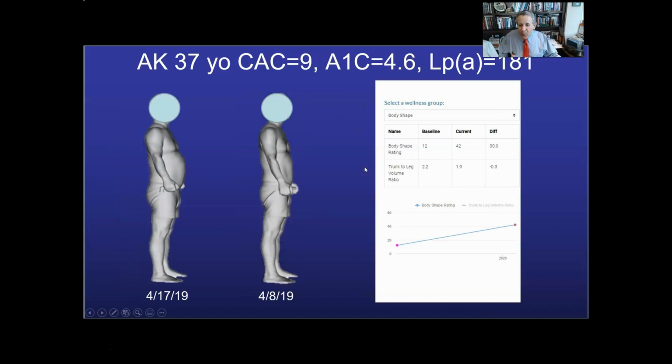And so we knew the treatment, we could start him on a statin, but he wanted to do lifestyle. And in fact, this was actually December, so this is over 8 months, he lost his belly, what we call his body shape rating improved.